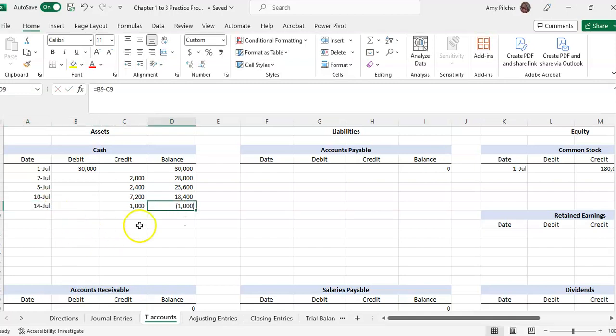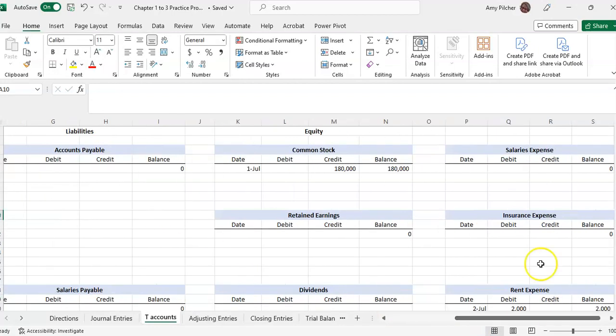Cash out of $1,000. Our balance, previous balance minus our credits. And then we now have a salaries expense. That was our debit of $1,000.